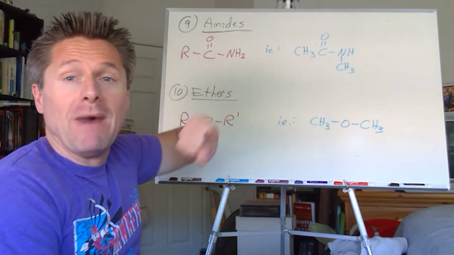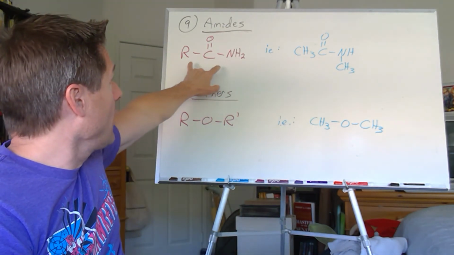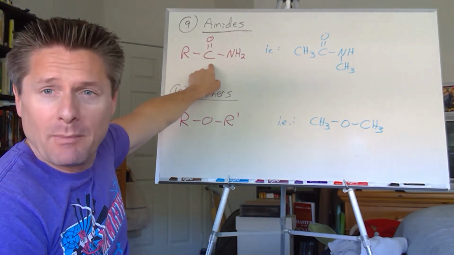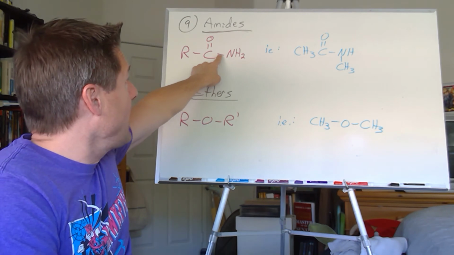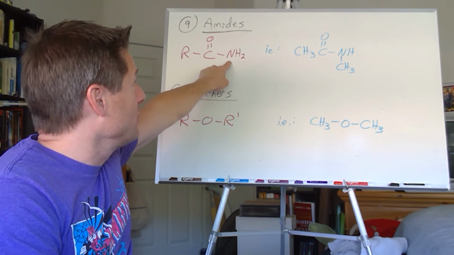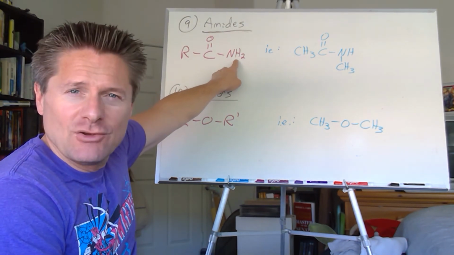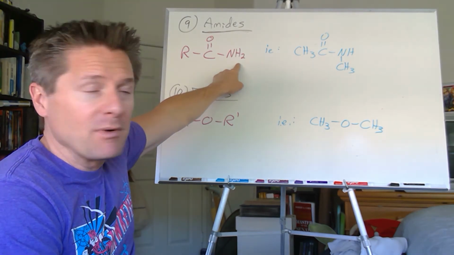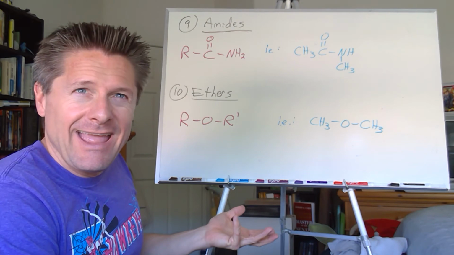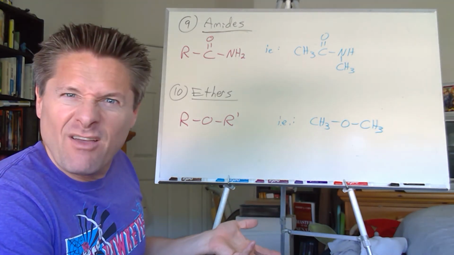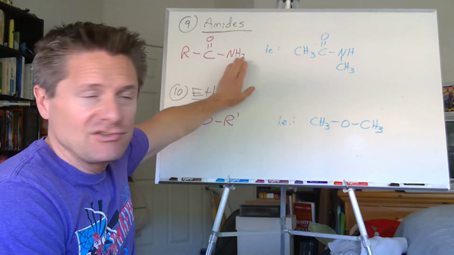So we have amides, where you've got the carbon-oxygen double bond. You kind of see that through a lot of these. And then you've got a single bond to a nitrogen group there. And these hydrogens, you could replace those with carbon-based groups as well. So it's almost like an ester, sort of, but with a nitrogen instead of an oxygen here.